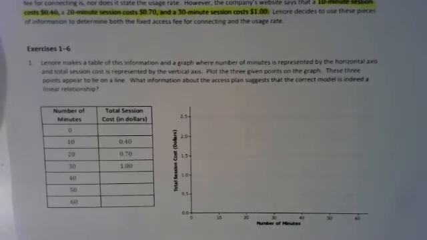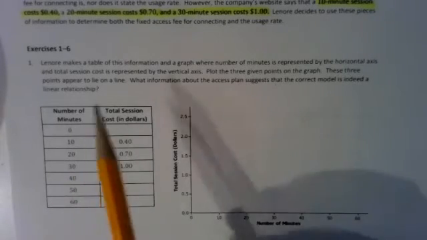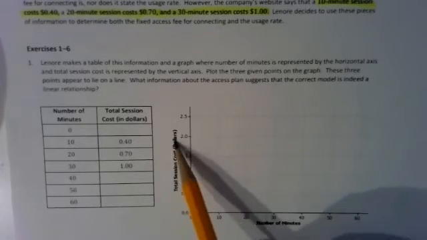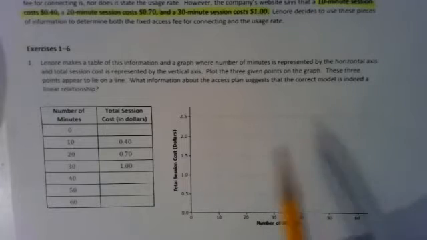Okay, so lots of words there. First thing we need to do is plot these 3 points. My x-axis is the number of minutes, and my y-axis is the total session cost. Which one of these is the independent variable?